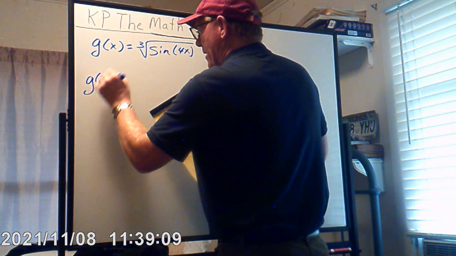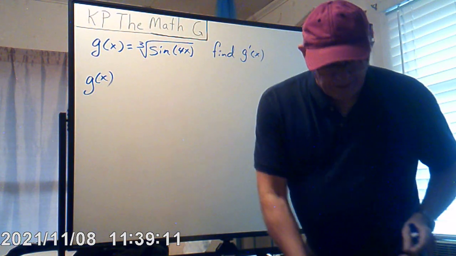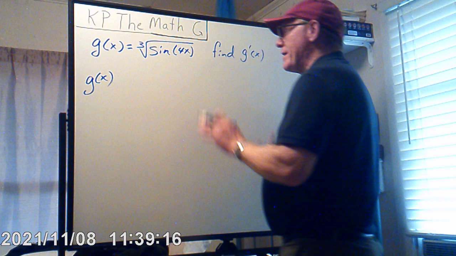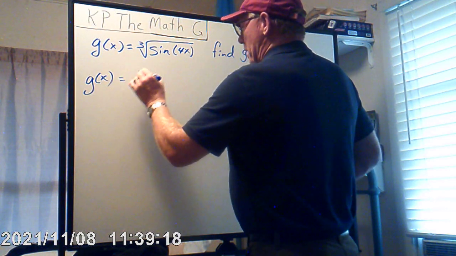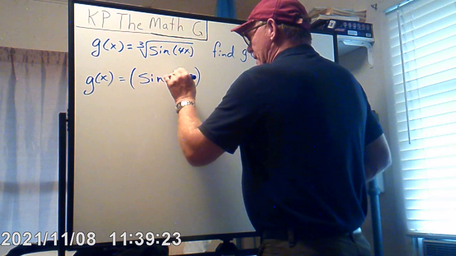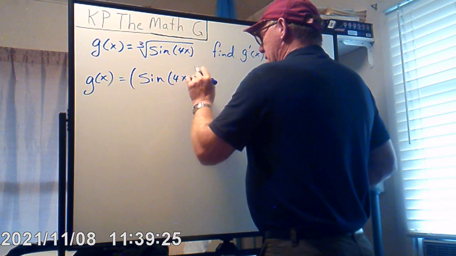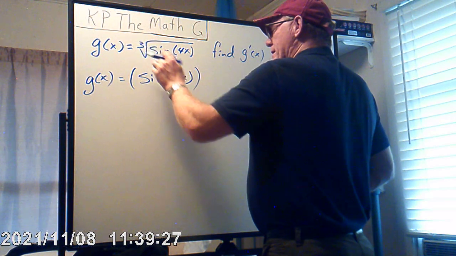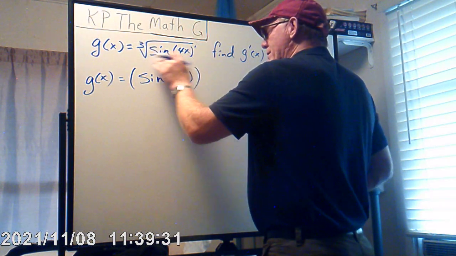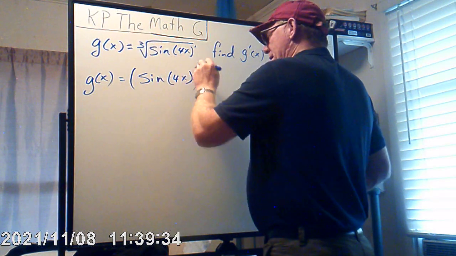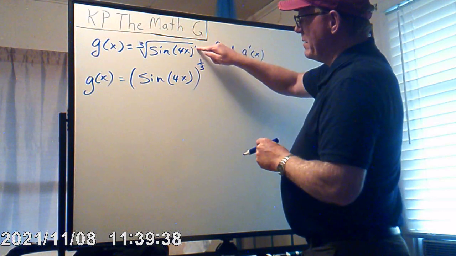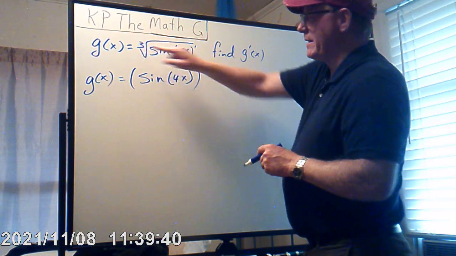Well, we're going to rewrite g of x. Anytime there is a root involved, you rewrite it. So this is going to be sine 4x, and that's raised to an exponent. Now this exponent here is understood to be 1, and so this is actually to the 1/3: the power over the index.